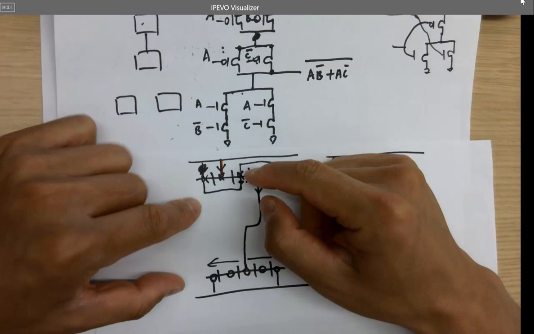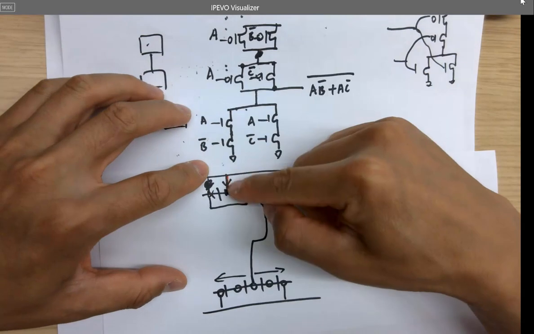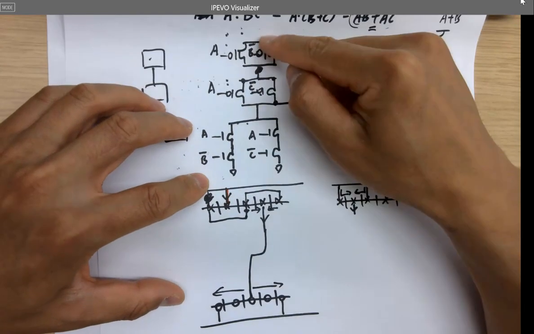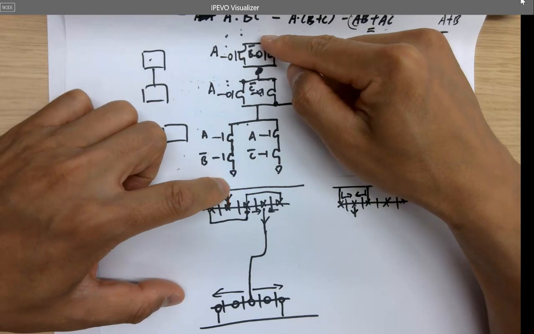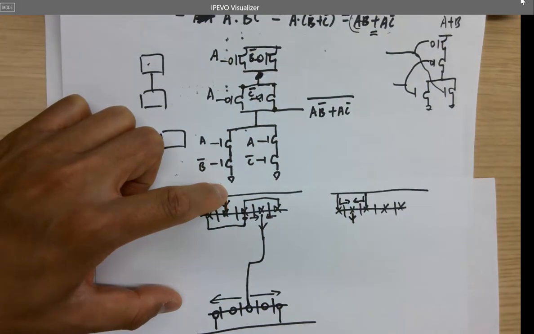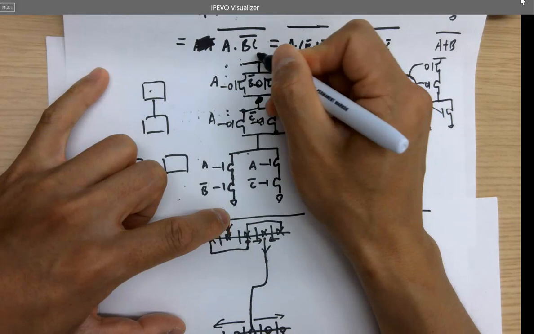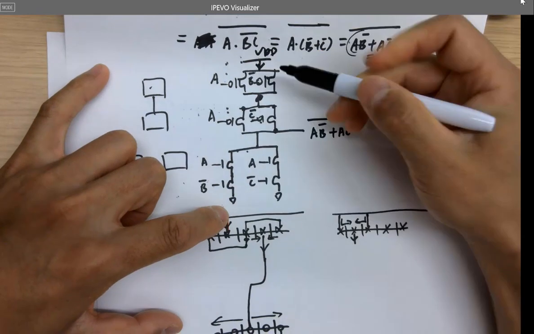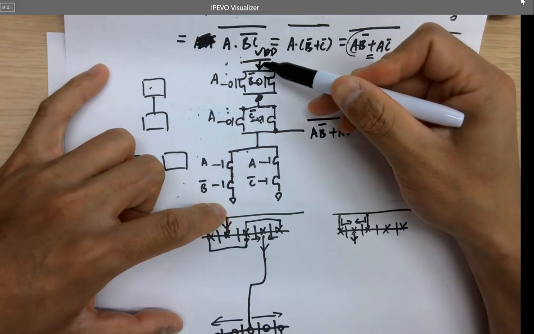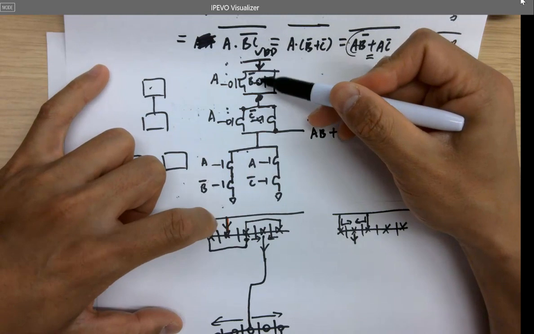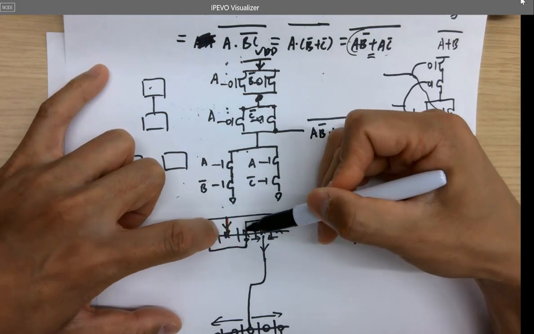So I introduced one wire here from the top, from VDD, which is this one, right? That's VDD. Coming down, that's power supply. And then getting split into two branches.